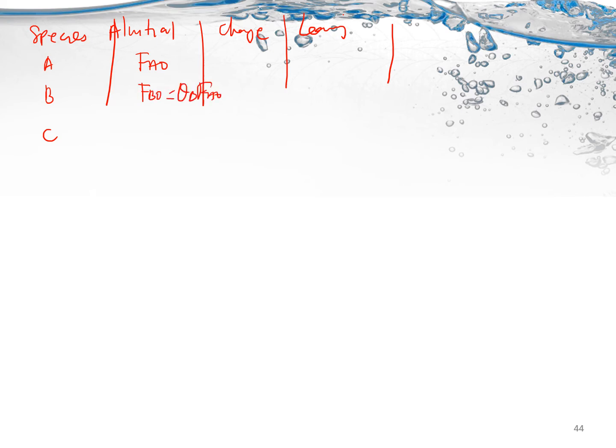I don't have to explain this one to you, as I have repeated it many times. The change due to the reaction should be minus FA0 X for A, minus 1 over 2 FA0 X for B, and this one is FA0 X, positive for C.